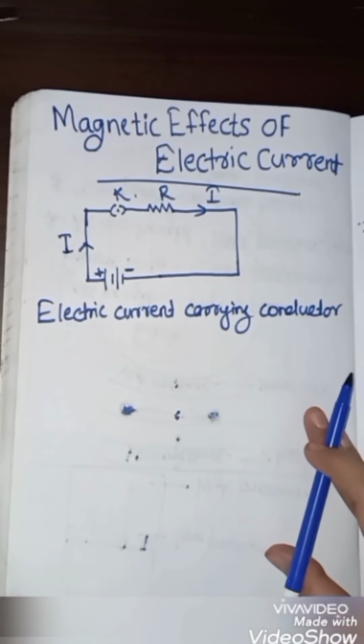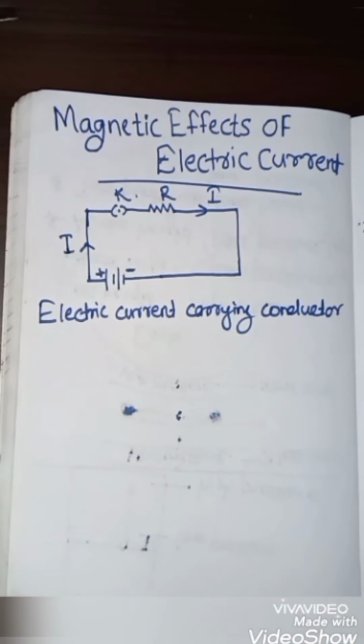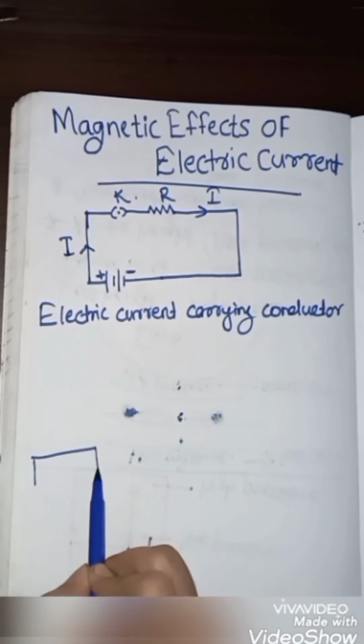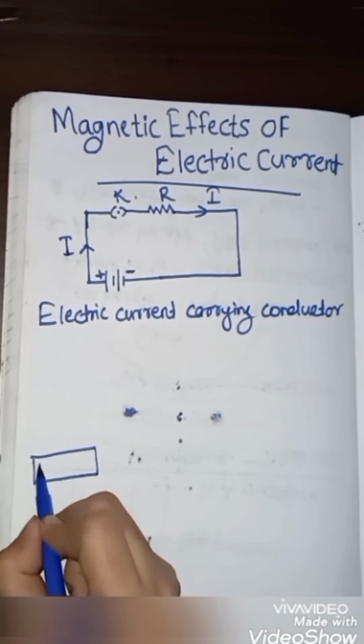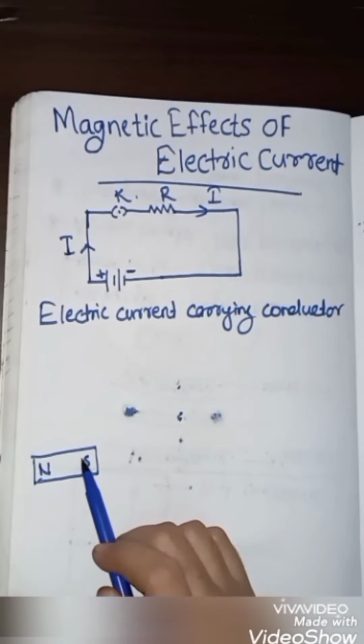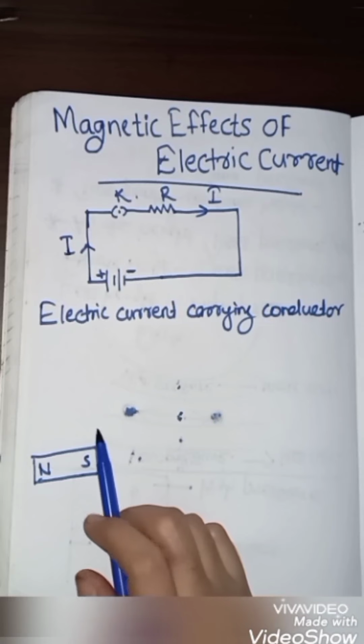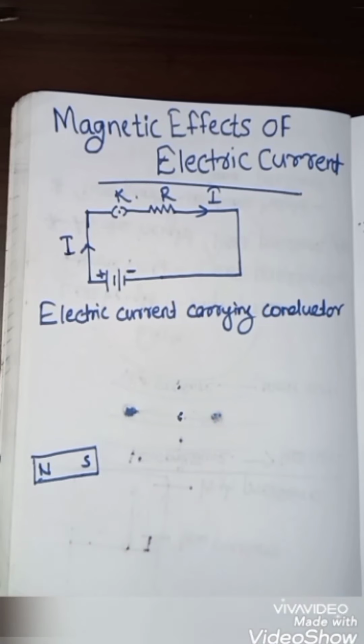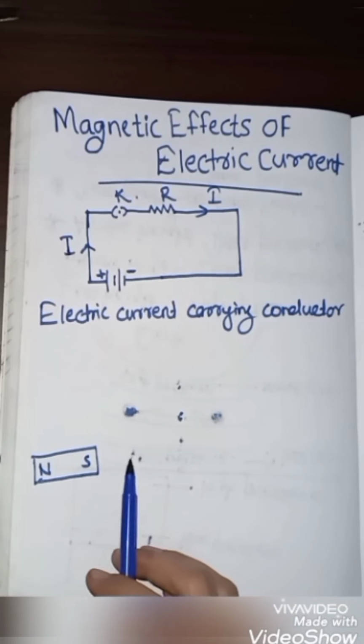In the 7th or 8th standard you studied about the magnet. A magnet has two poles, the north pole and the south pole. This is a bar magnet. Magnets have the property of attraction and repulsion.